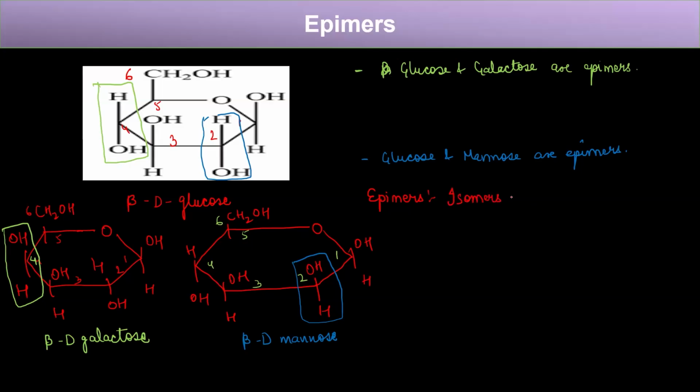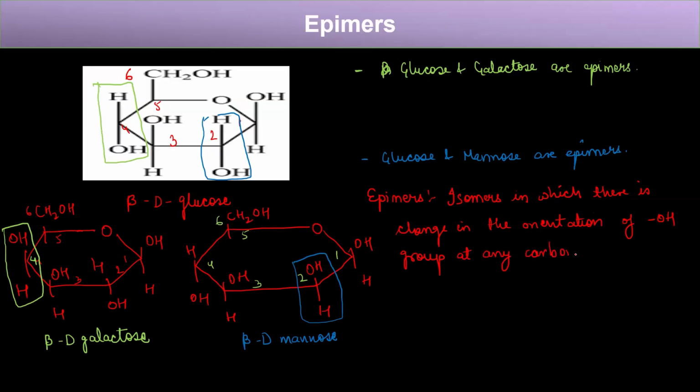So epimers are also isomers in which there is a change in the orientation of the hydroxyl group at any one carbon, except the carbonyl carbon, right? Except the carbonyl carbon.